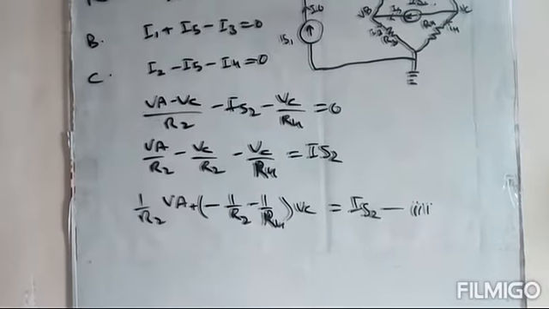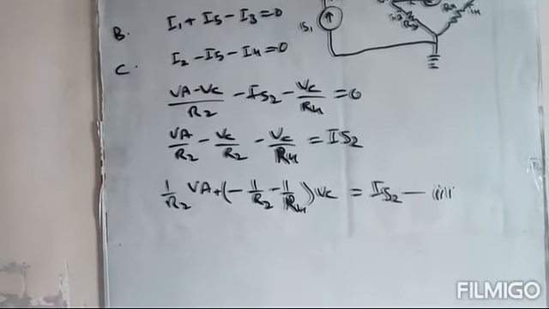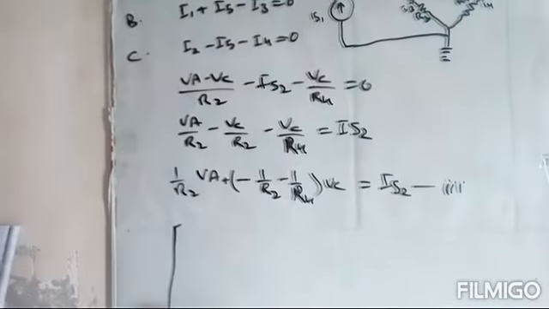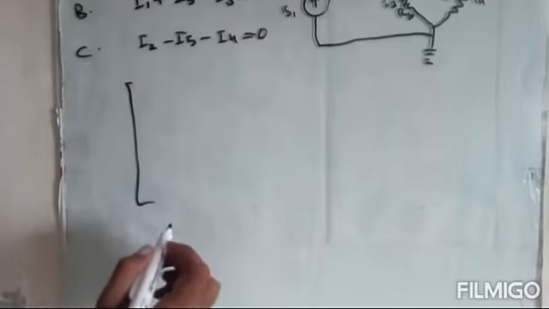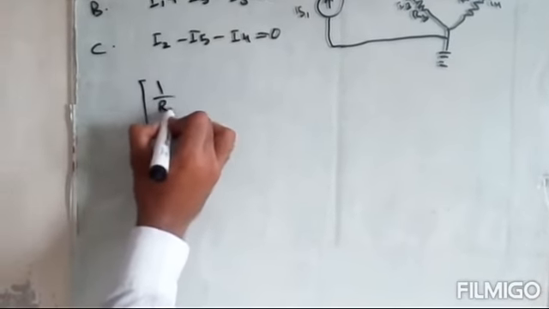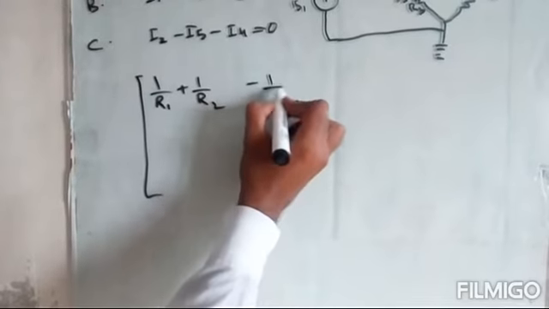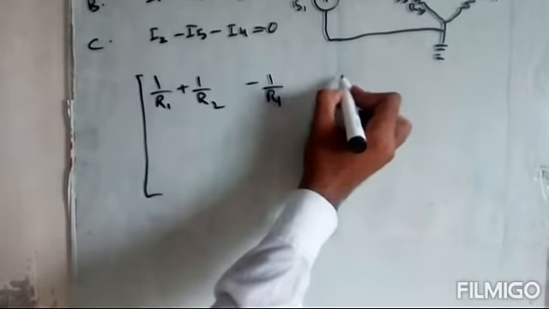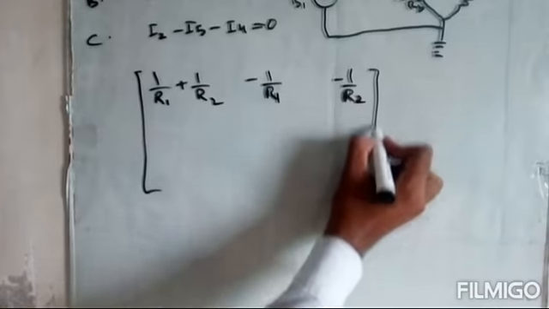Now we will write these three equations in matrix form. First we will write the coefficients of the first equation: coefficient of VA is 1 over R1 plus 1 over R2, coefficient of VB is minus 1 over R1, and coefficient of VC is minus 1 over R2.